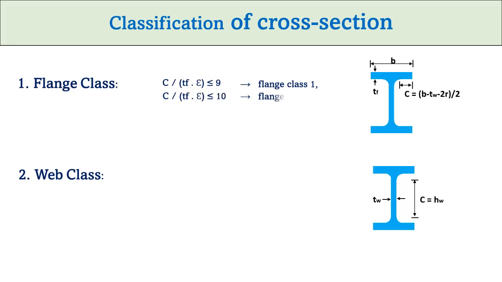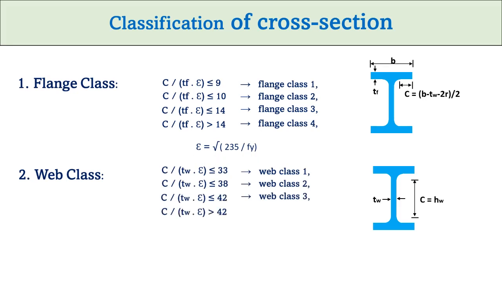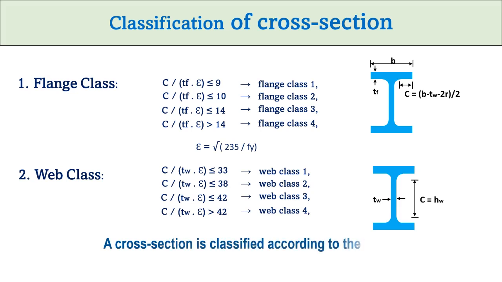Flange class depends on the ratio between the C of the flange and its thickness. Web class depends on the ratio between the C of the web and its thickness. The highest class is taken as the class of the cross-section.